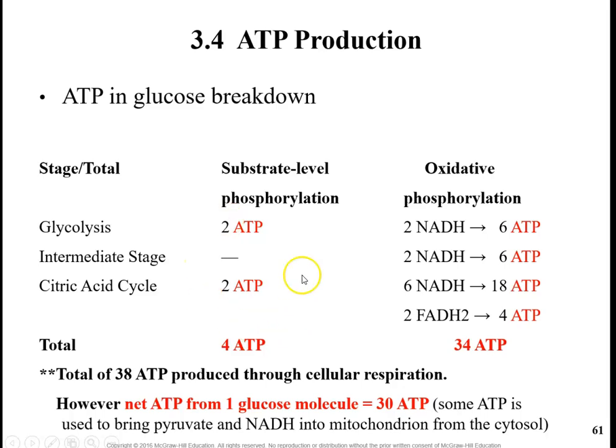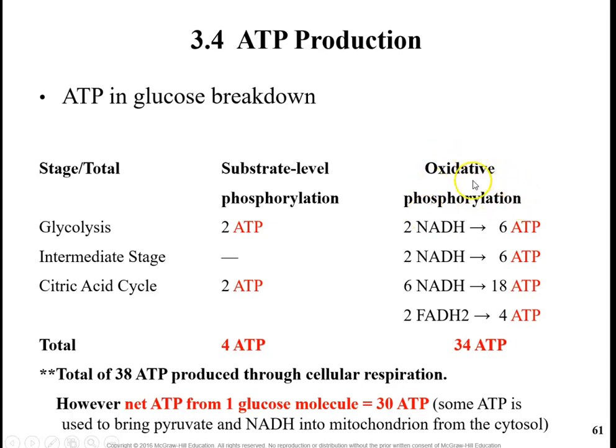This is sort of the sum of all the ATP that gets made. So for substrate level phosphorylation, 2 ATP are formed in glycolysis, and 2 ATP are formed in the citric acid cycle, right? 1 ATP per turn of the citric acid cycle, and there's 2 turns. Why? Because there are 2 pyruvate molecules formed at the end of glycolysis.